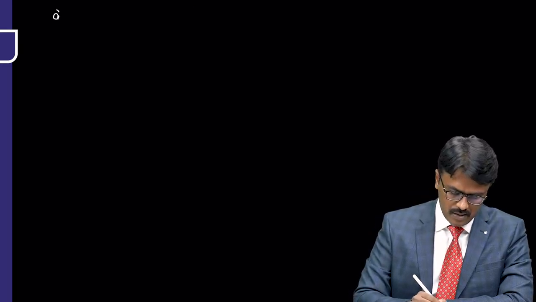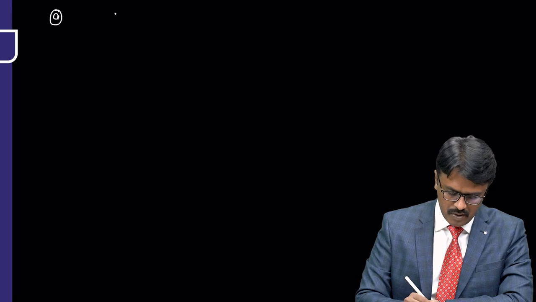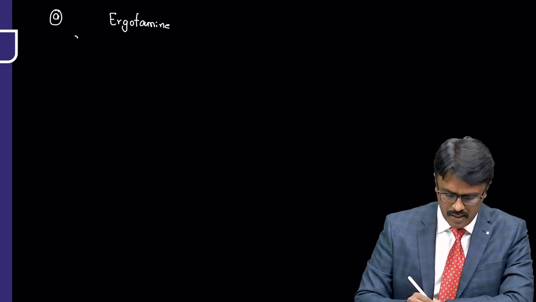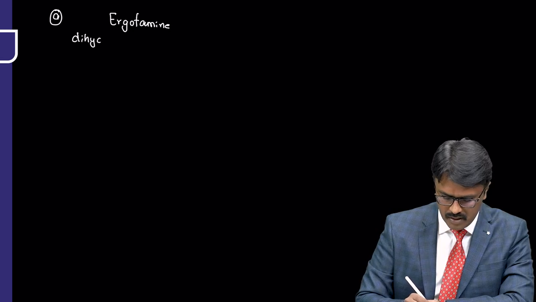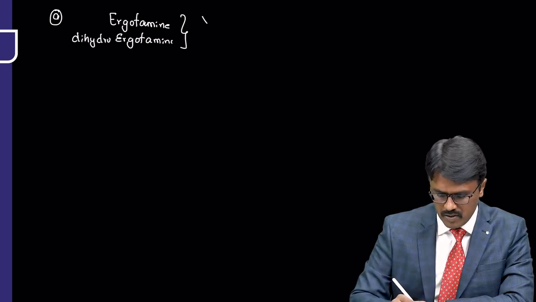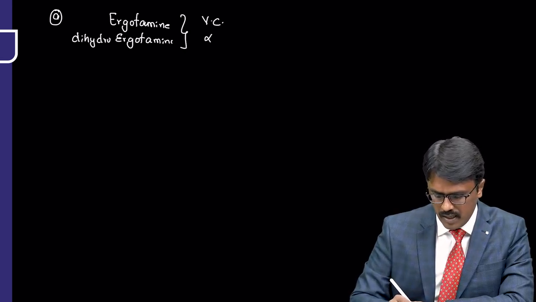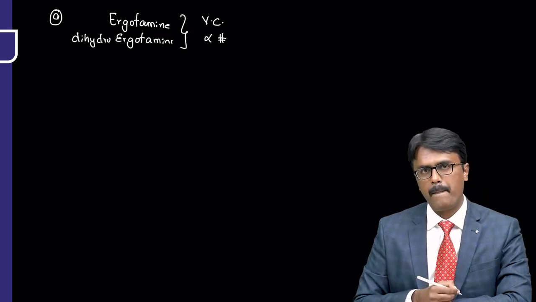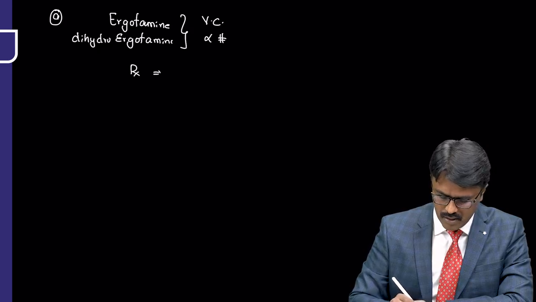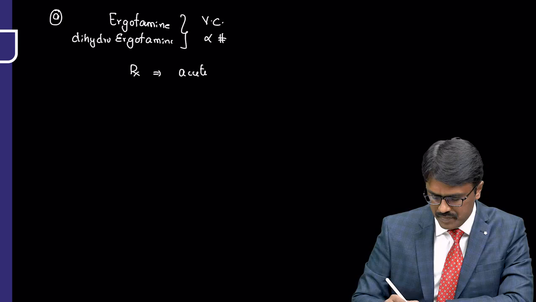During ergot discussion, the first thing we need to keep in mind is ergotamine. If you add dihydro, it becomes dihydroergotamine. These drugs produce vasoconstriction and have alpha blockade property. They are used mainly to treat acute attack of migraine.